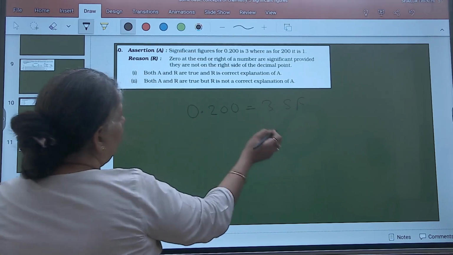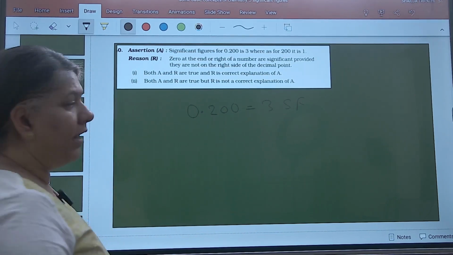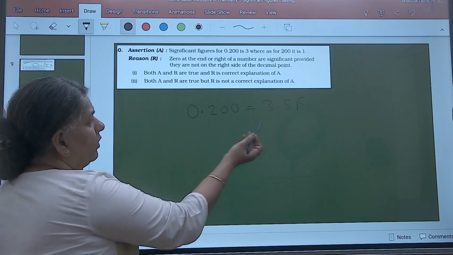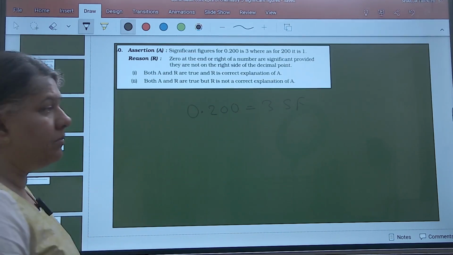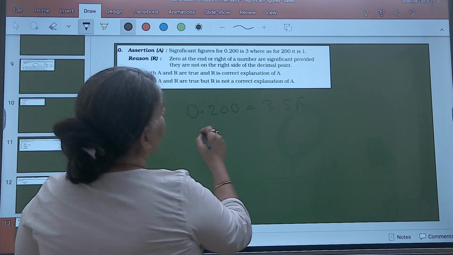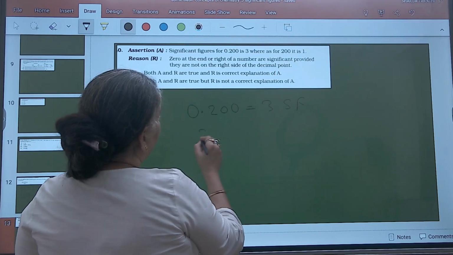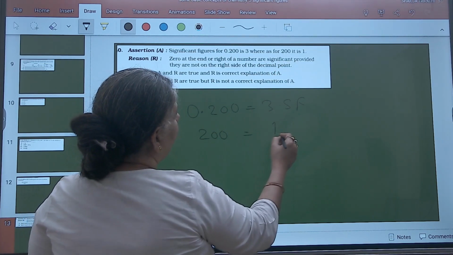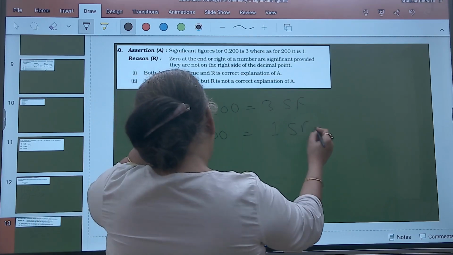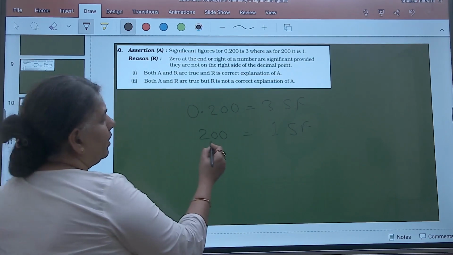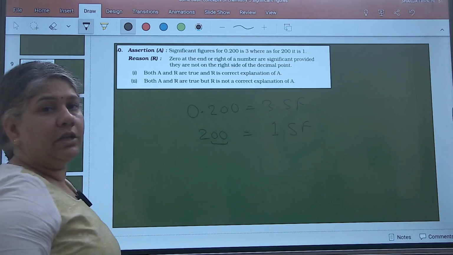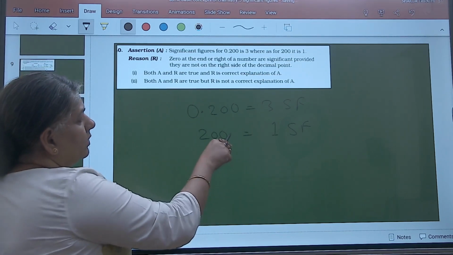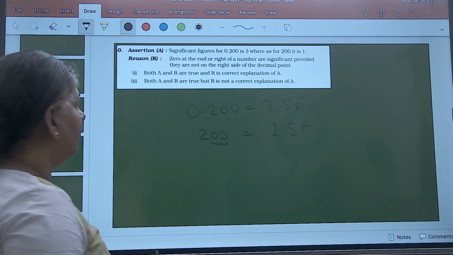That is, zeros to the right of the decimal and also to the right of a non-zero digit are significant. Whereas for 200, it is one significant figure. It is also correct because terminal zeros are not considered significant if there is no decimal.